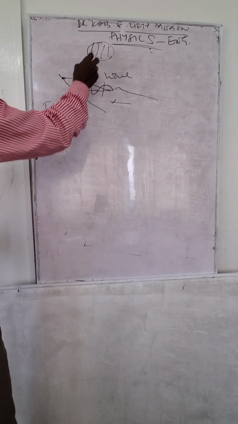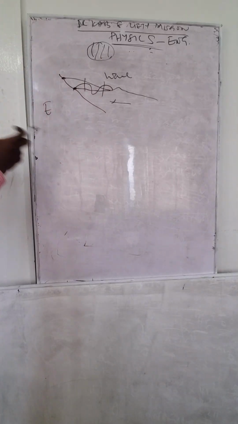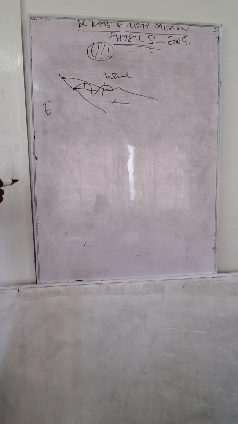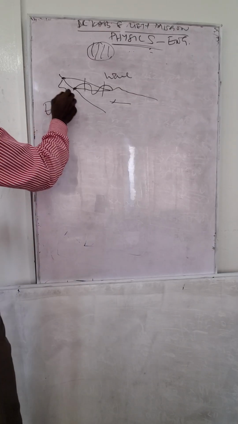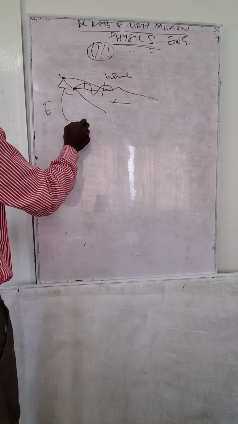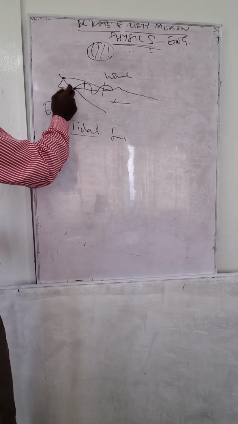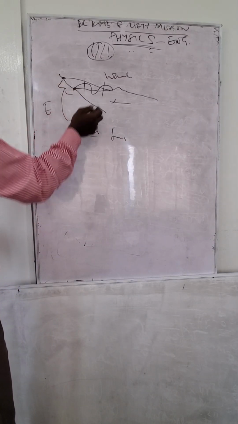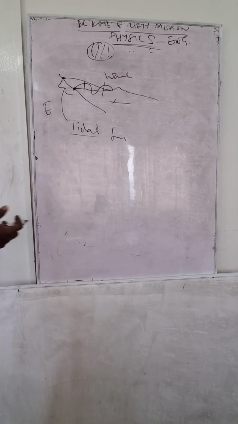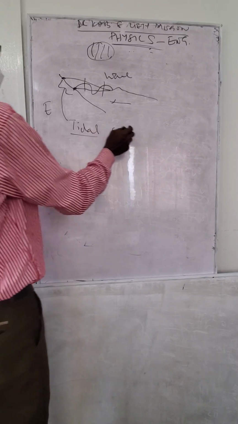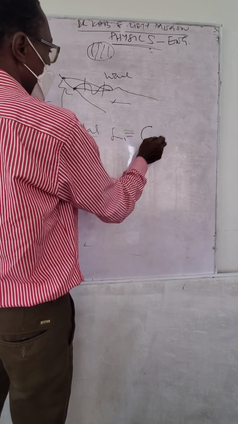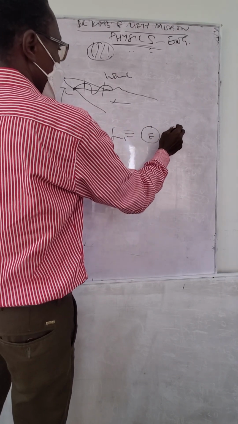If the moon comes closer, the attraction is greater, and you can have more change in the level. So this change is what we are referring to as the tidal wave. That in itself is another form of energy. So this tidal energy will depend on the attraction between the earth and the moon.